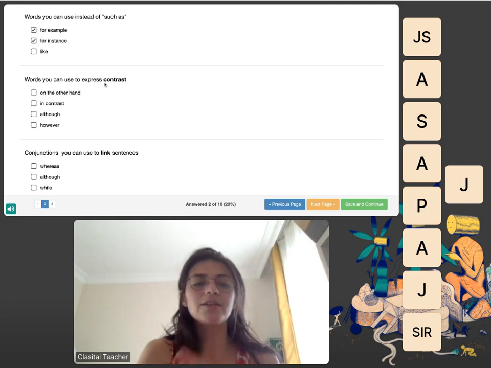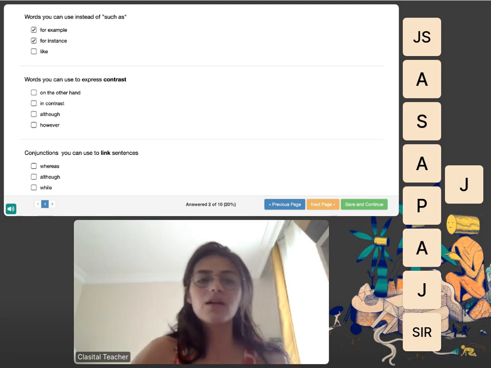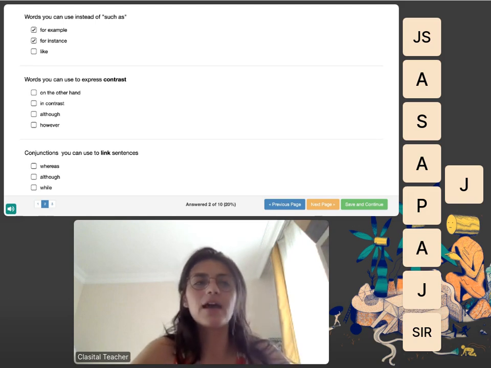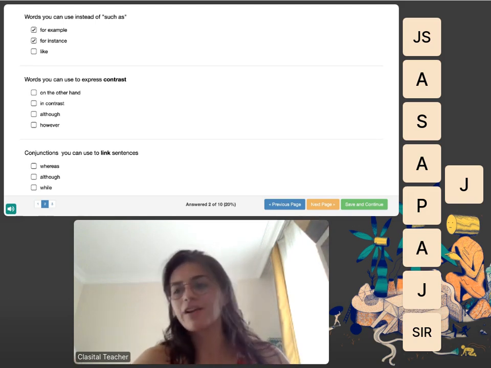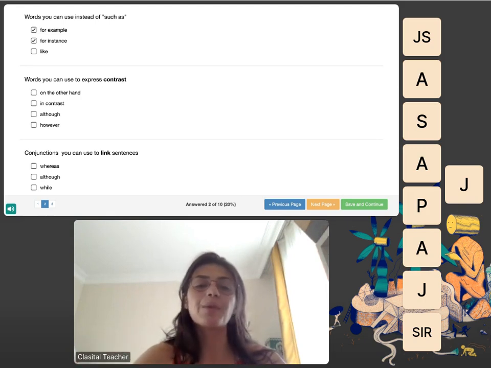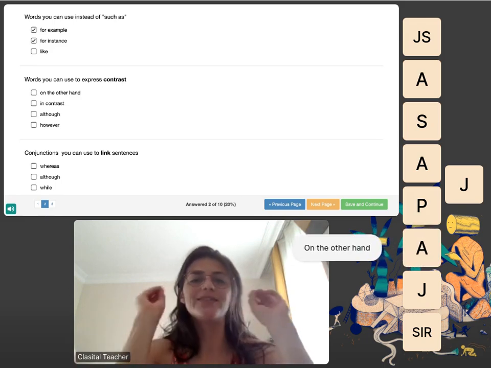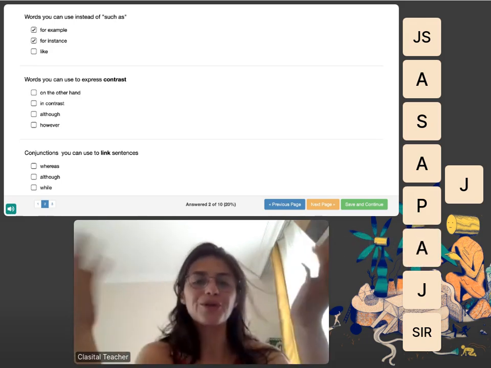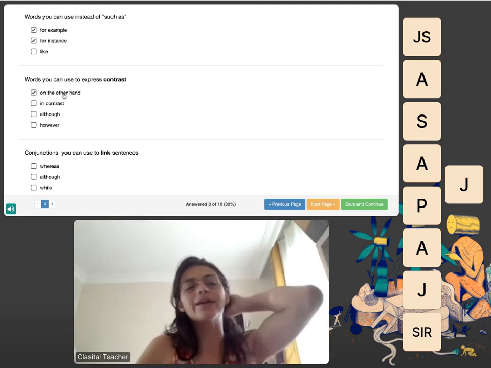What about words you can use to express a contrast? A contrast basically means that something is in contradiction to something else. For example, I can say, I'm very energetic, but my husband is not that energetic. So we're different. We show contrast. Yes, we can use on the other hand. What else?